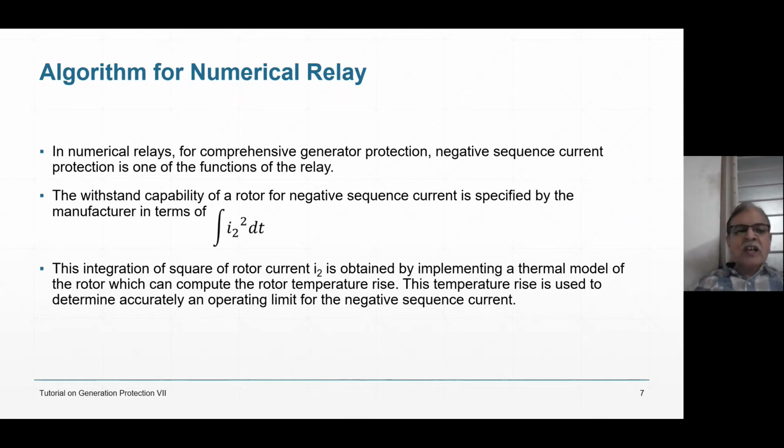And if this temperature rise crosses a certain limit, then the alarm and trip will be generated. This is how the numerical relay works, right? So numerically also, the negative phase sequence protection is possible.